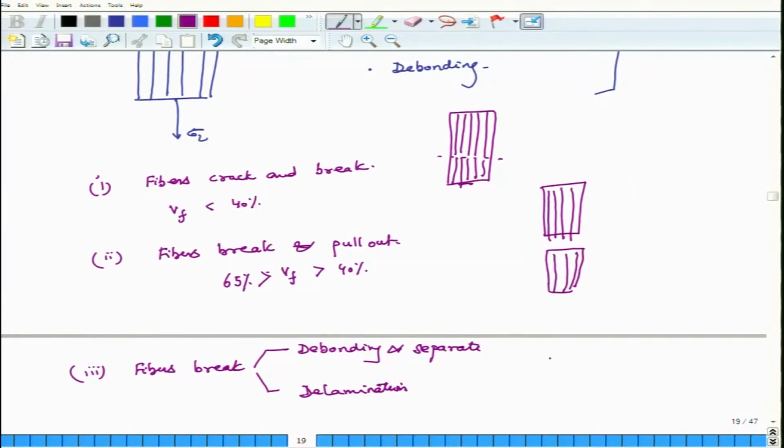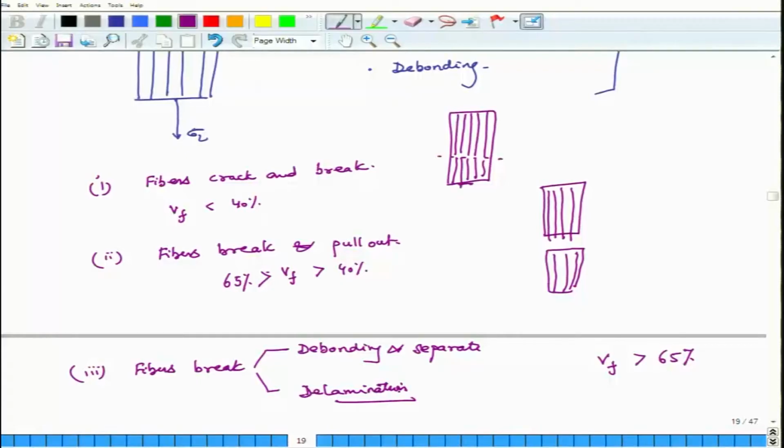So, this is the case when Vf is really high, more than 65%, then it is very likely that the wetting of the fiber may not be adequate when the thing is being cured.